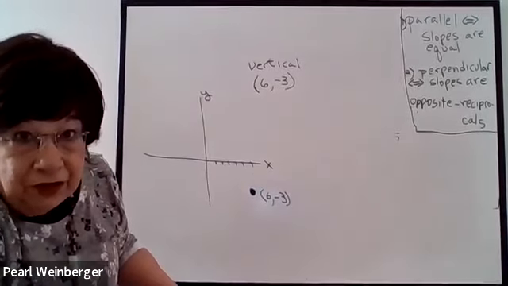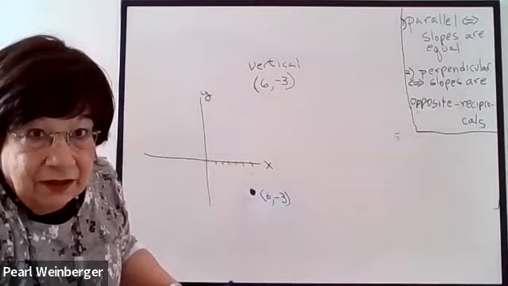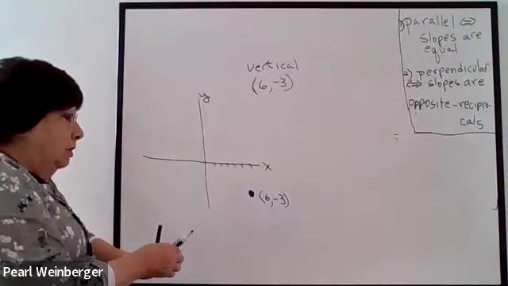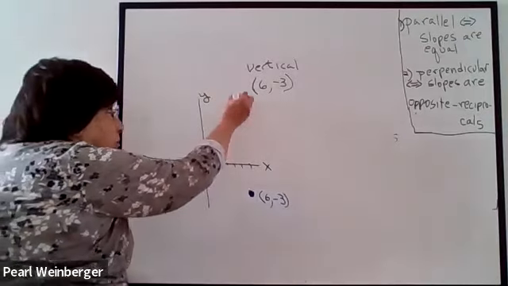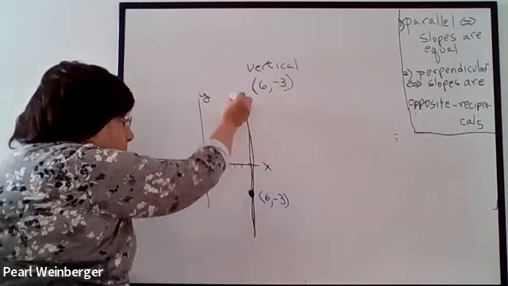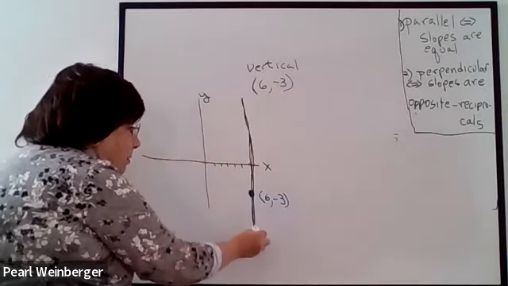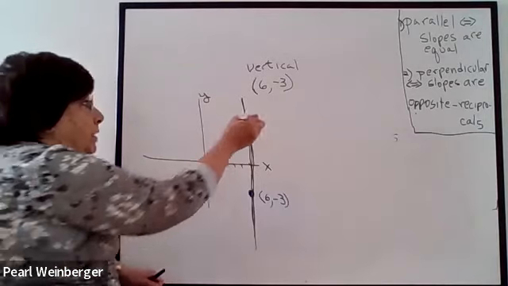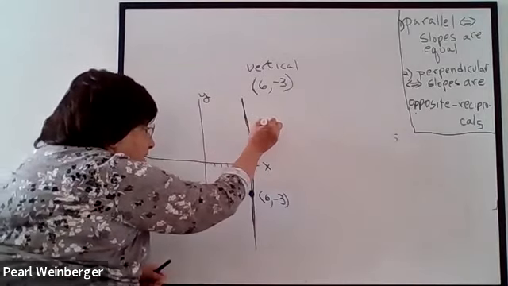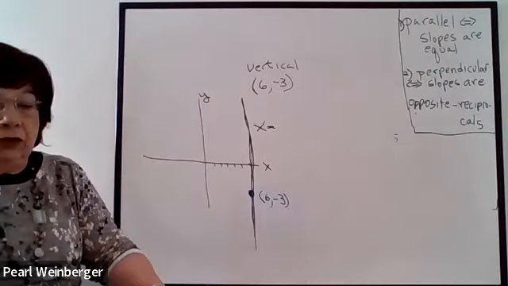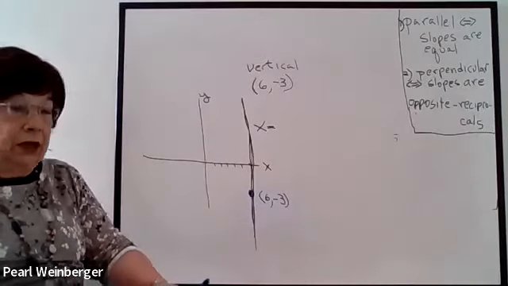Naya, that's perfect. Thank you. A vertical line is one that goes straight up and down. And we said, when you have a vertical line, you have an equation that says x equals a number. There's no y in that equation when you're talking about a vertical line.